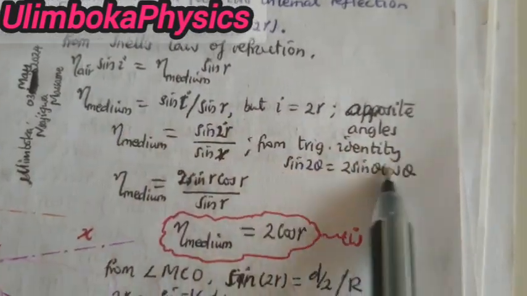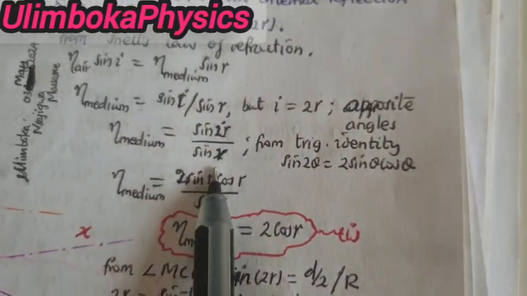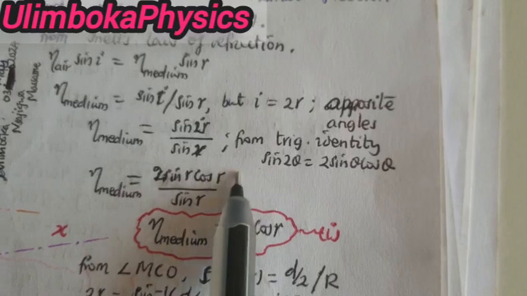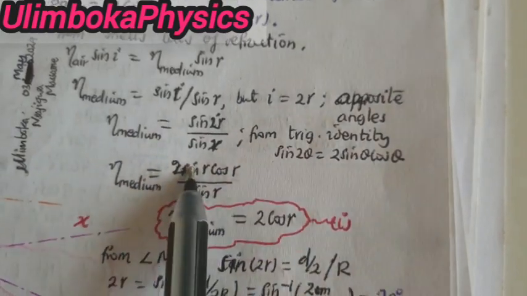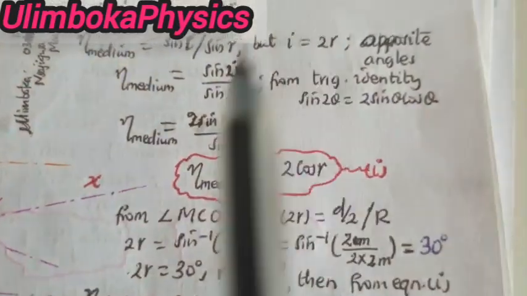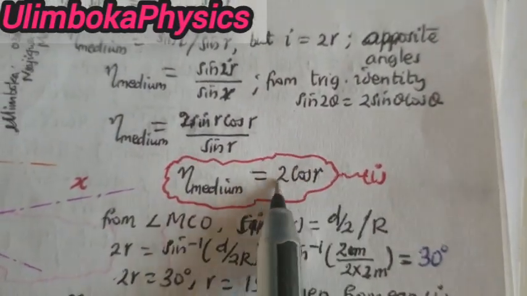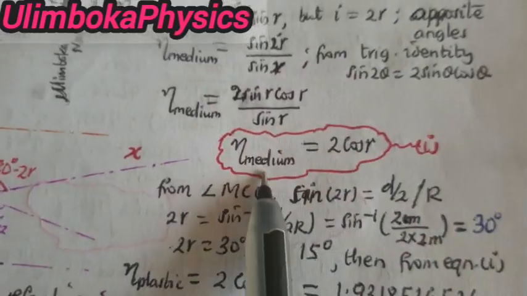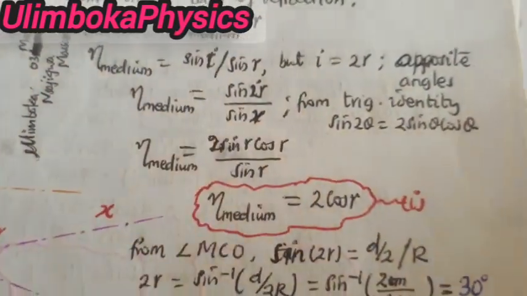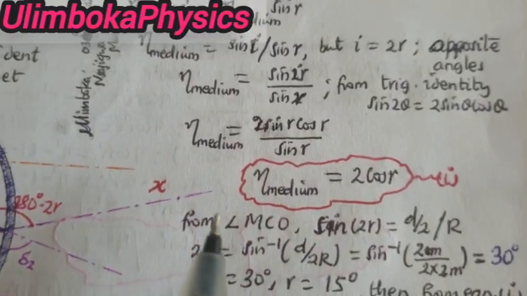And from the trig identity, when we put twice r here and below is r, our n is equal to 2 sine r cos r divided by sine r. Now our n is just twice cos r. This is our general formula to find the refractive index of transparent spherical objects.